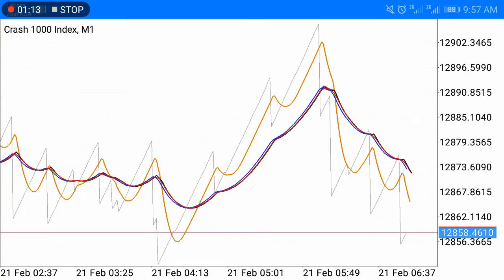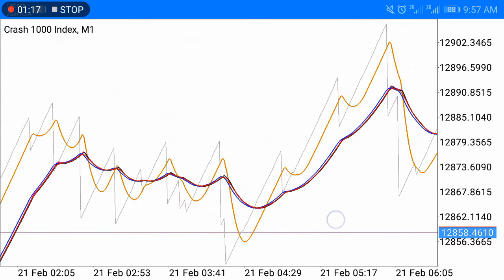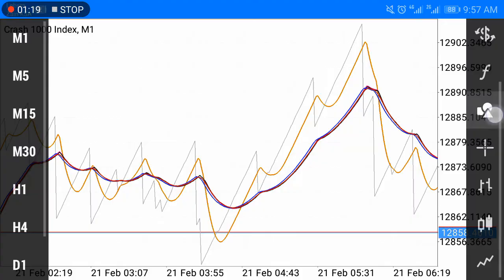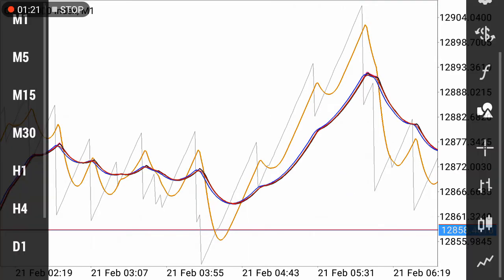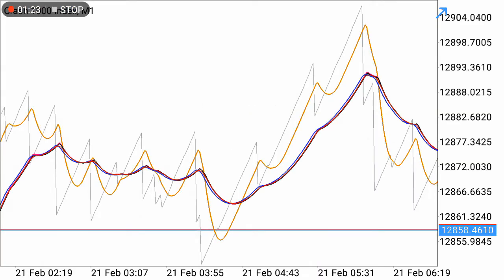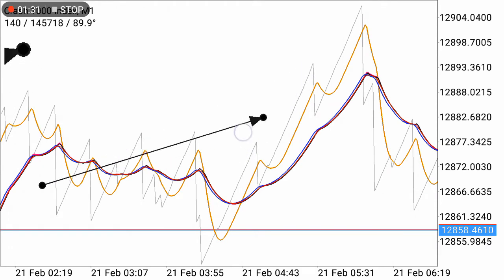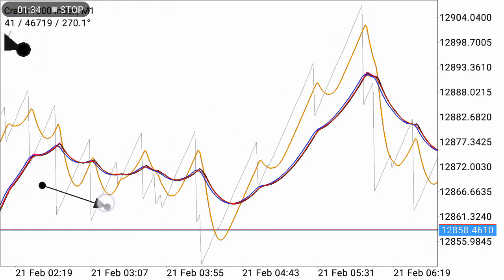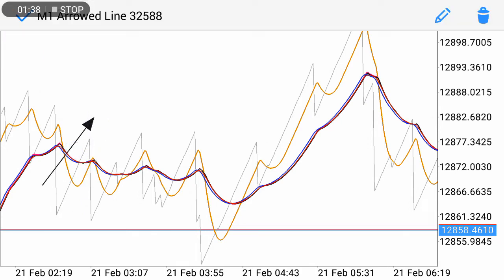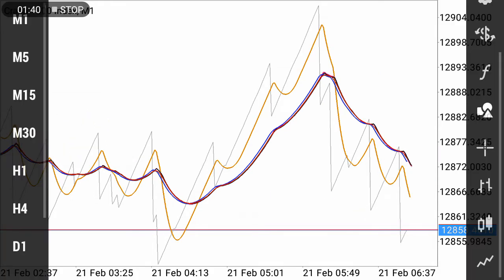Simply choose the line chart. Once you choose the line chart you have to look here at this arrow. Simply touch these high and low points using a horizontal line for support and resistance.